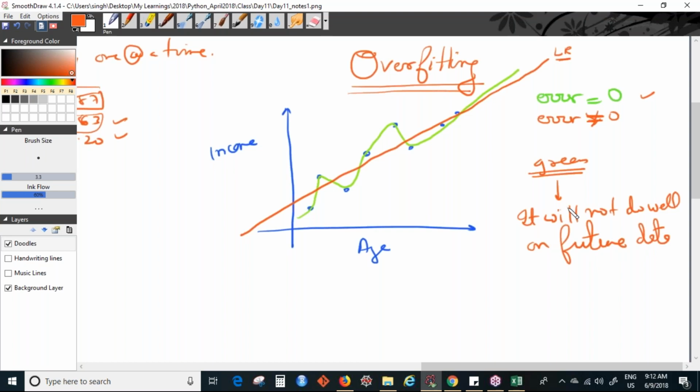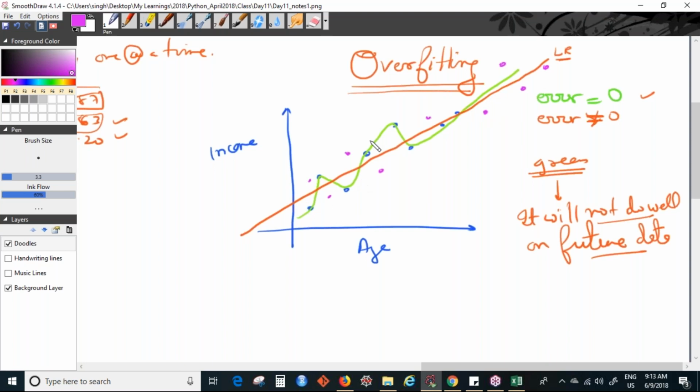The shape is so complex that, let's say, in the future, we have points here. These are the points we will get in the future. Now the green one will start having higher error on the future data, but the red one will be more accurate on the future data.